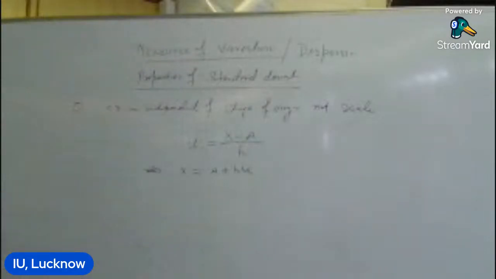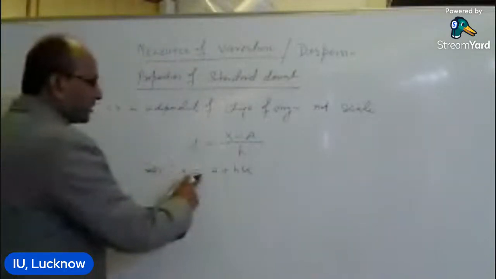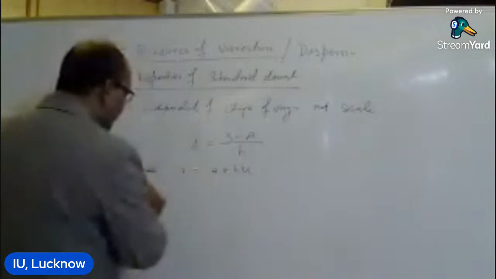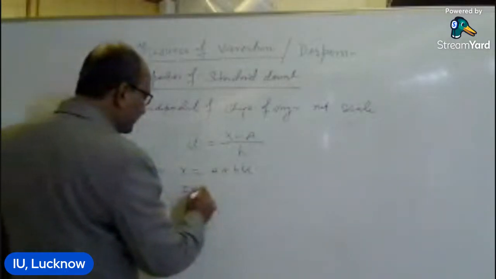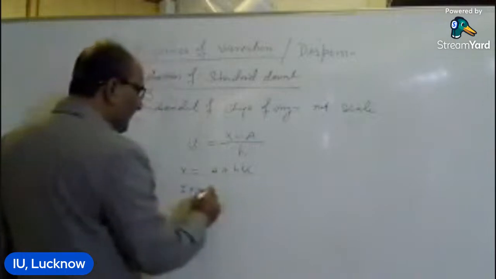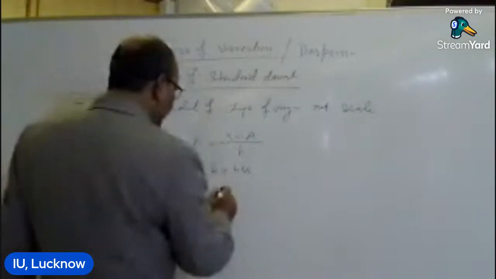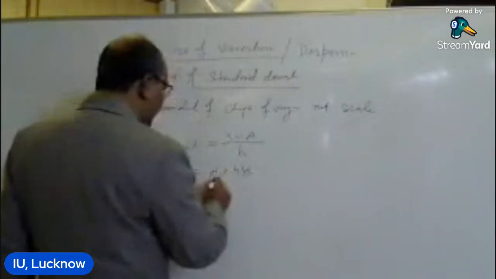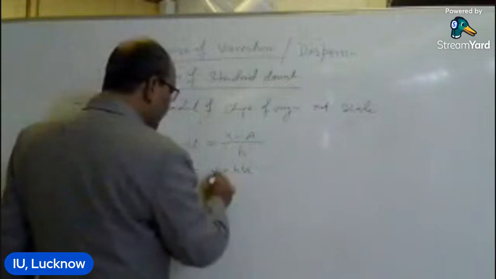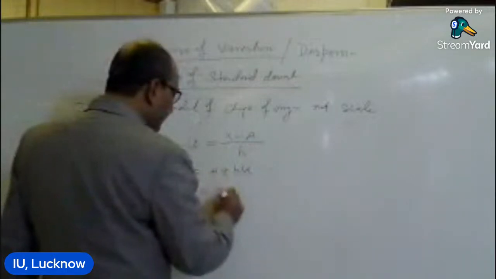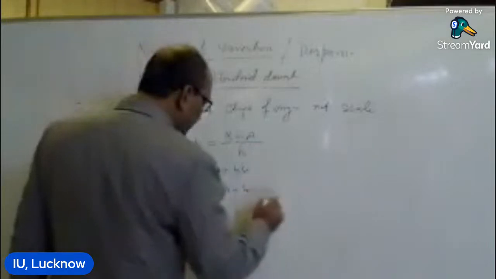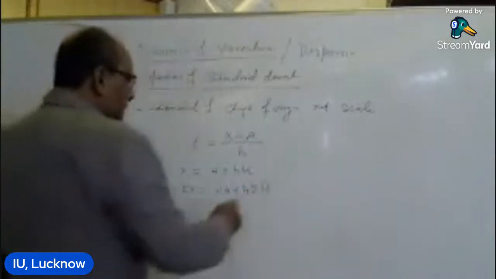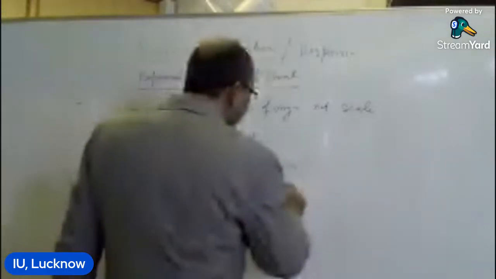Now taking summation on both sides, summation x is equal to na plus h summation u, since a is constant. Suppose this is equation 1 and this is equation 2.